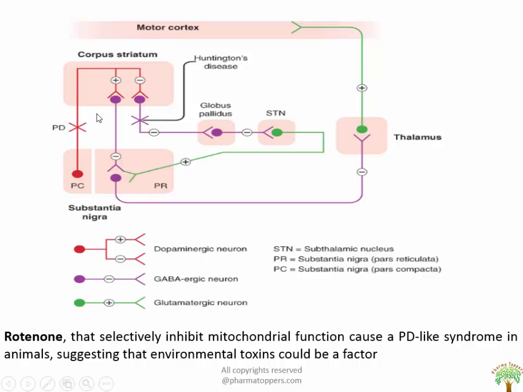Any blockage in this neuron, accidental blockage or due to the oxidative stress, causes Parkinson disorder due to the deficiency of dopamine, because the signal cannot be transferred into the thalamus and thereby to the motor cortex, as a result of which there is a dysfunction in the motor. So rotenone is found to inhibit selectively the mitochondrial function, which causes a Parkinson disorder-like syndrome in animals, suggesting that environmental toxins could be one of the major factors for this.